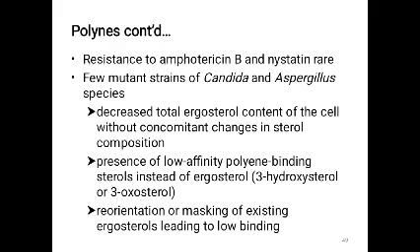Other mechanisms include the presence of low affinity polyene-binding sterols instead of ergosterol, such as 3-hydroxysterol or 3-oxosterol, and reorientation or masking of existing ergosterols leading to low binding.